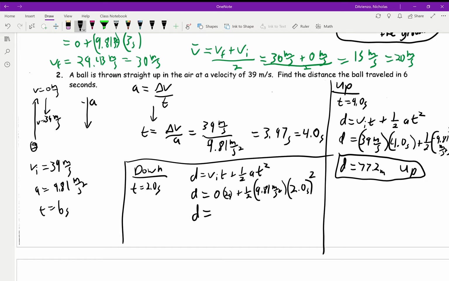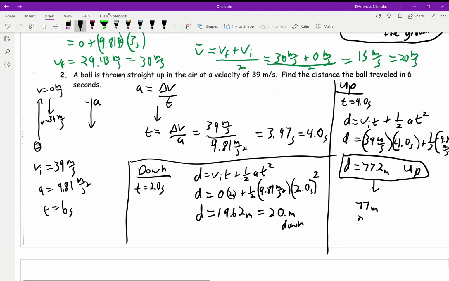Punching this in, we get a distance equal to 19.62 meters, which would round to 20 meters. The upward distance would round to 77 meters. And again, this would be in the down direction.